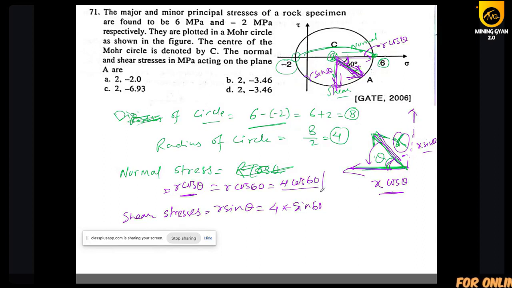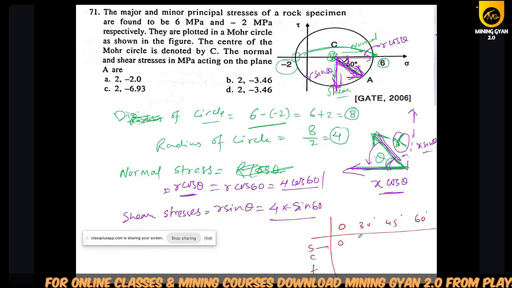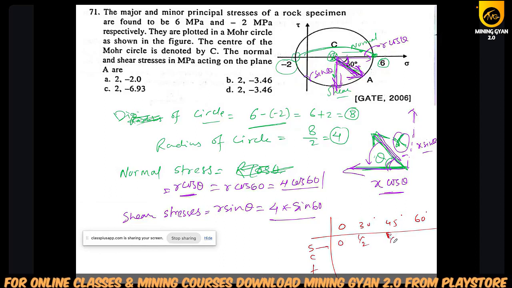I think you know how to find the cos and sin theta values. And if you still don't remember them for 0, 30, 45, 60 degrees: sin is 0, 1 by 2, 1 by root 2, root 3 by 2, 1, and cos is 1, root 3 by 2, 1 by root 2, 1 by 2, 0. So cos 60 is 1 by 2, so it becomes 2.